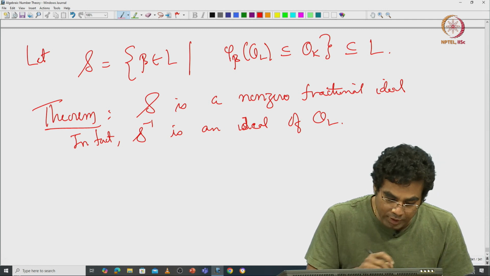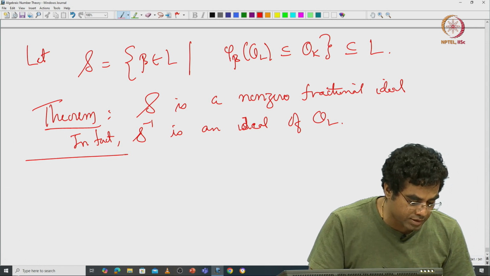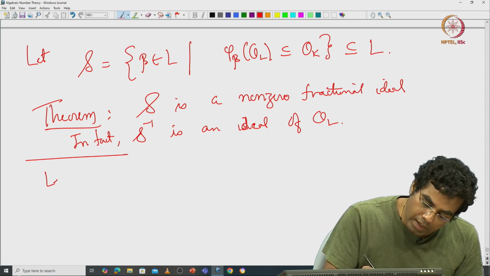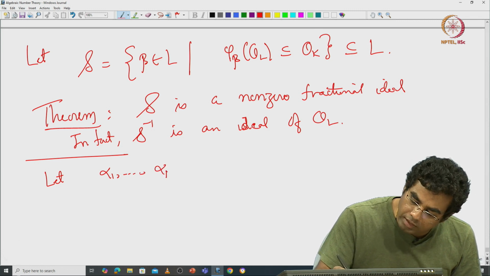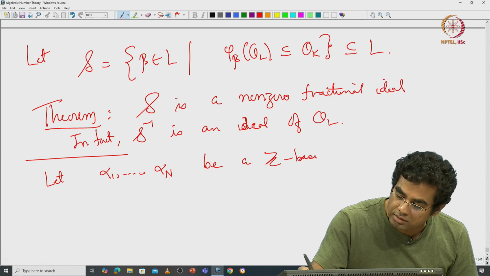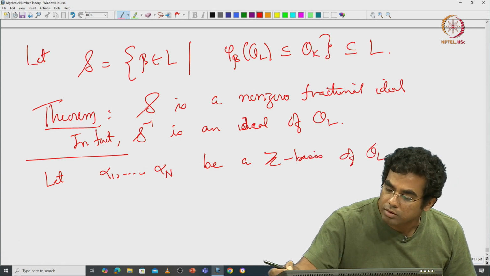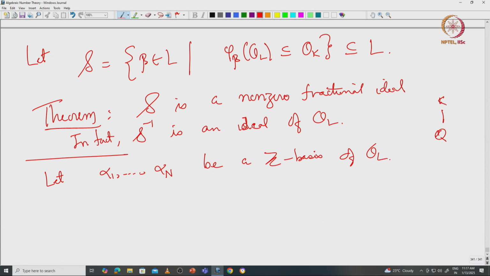So, how do we prove this? The proof will take several steps. Let alpha 1 up to alpha capital N be a Z basis of OL. Remember, this is what we are interested in studying, but I am going to go all the way down to Q to study this.